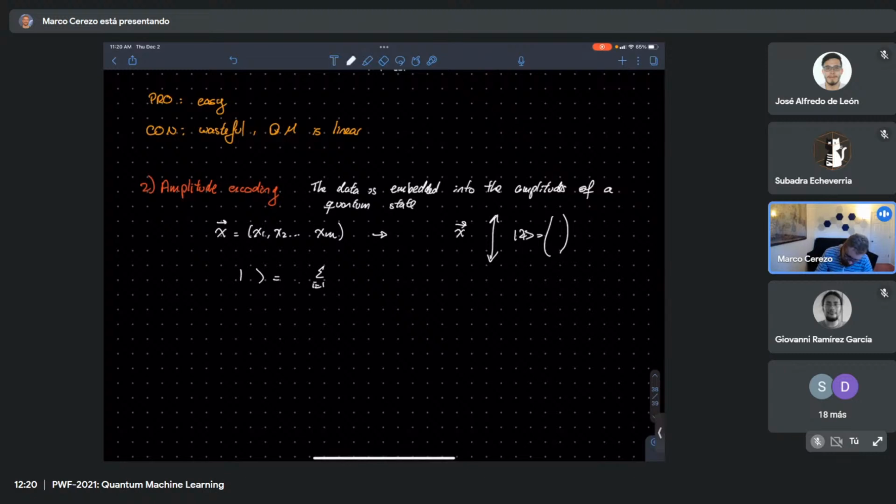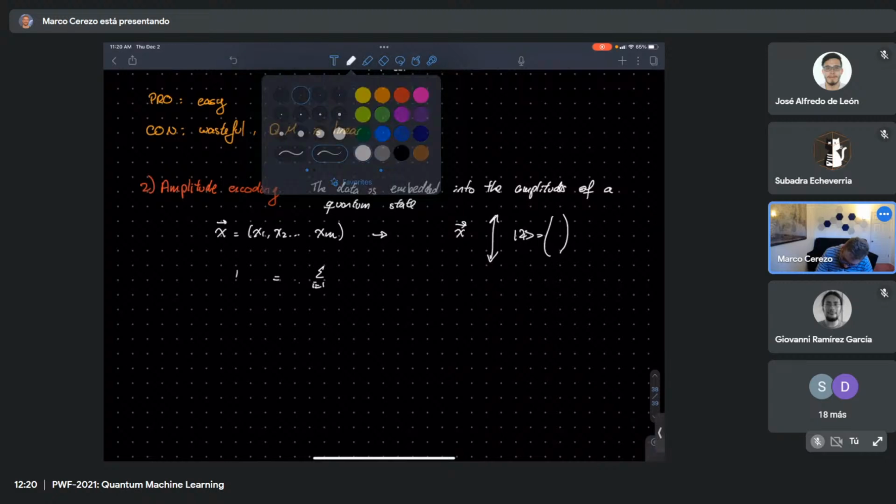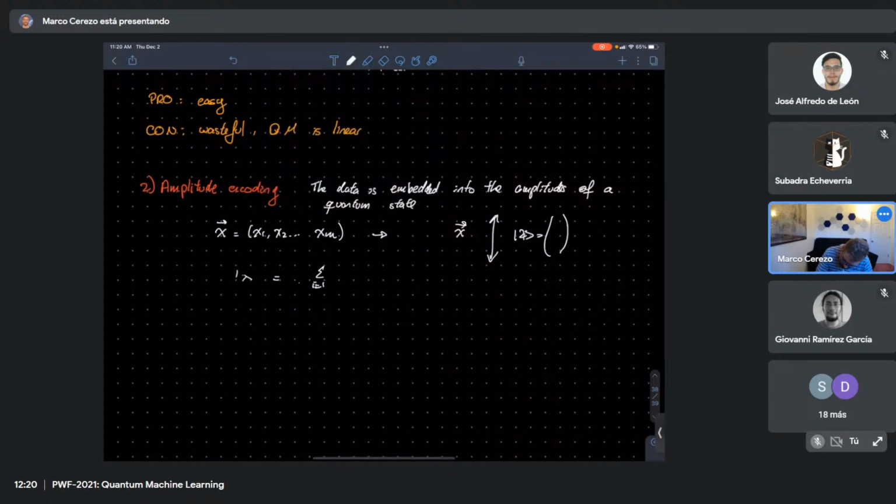Let me first do one qubit, one state of x. Here it is going to be summation j going from 1 to m of xj divided by the square root of the summation over j going from 1 to m of xj squared.